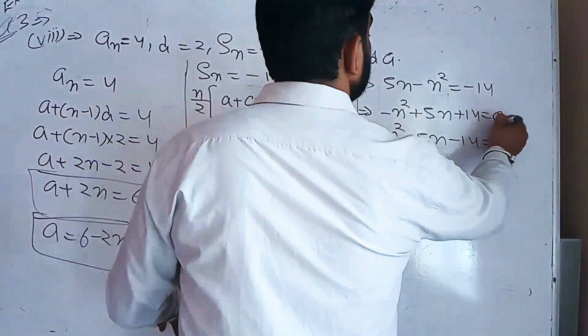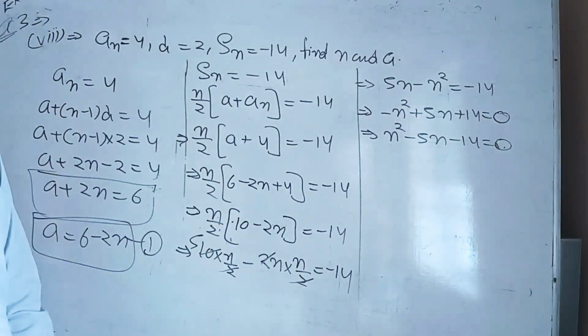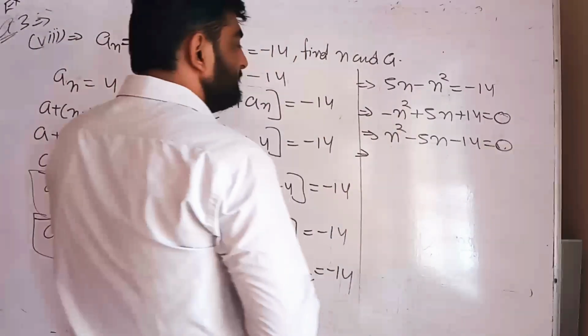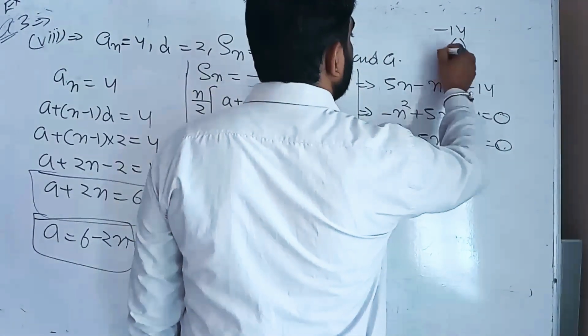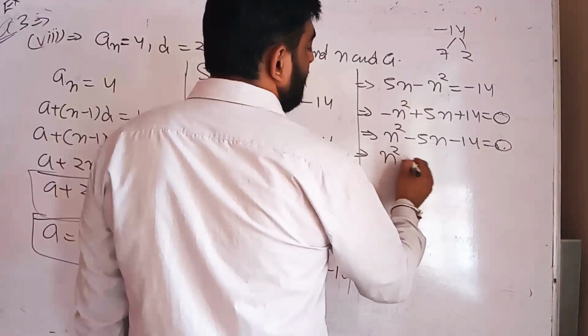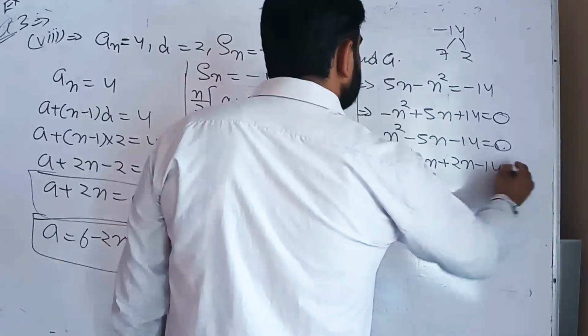The signs of all terms should be changed, because the minus is there along with the n square. The factors of minus 14 are 7 and 2. That is n square minus 7n plus 2n minus 14 equals 0.